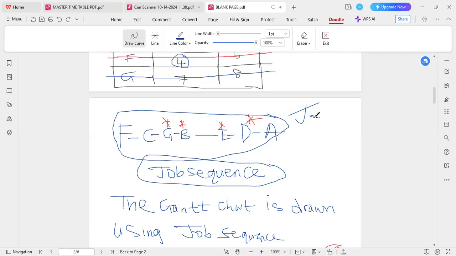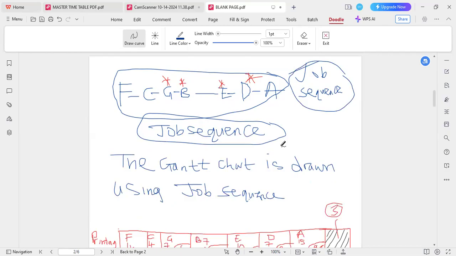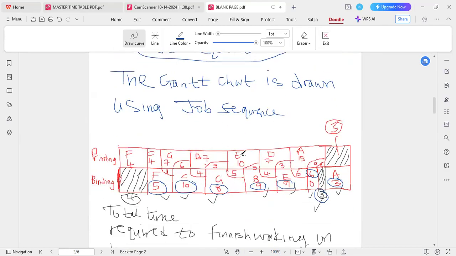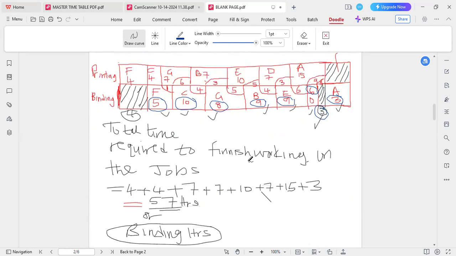Okay. So under this one, the Gantt chart is drawn using the job sequence. So the Gantt chart, I've drawn it this way, and the total time required is 57.